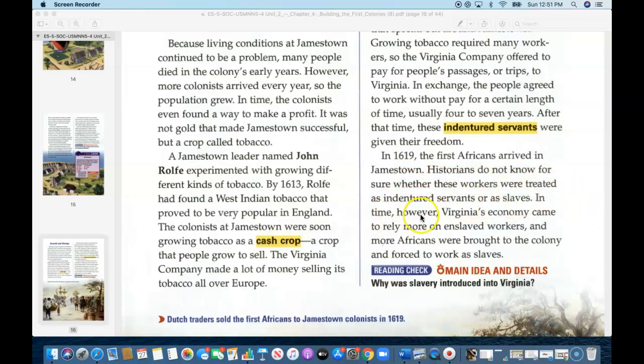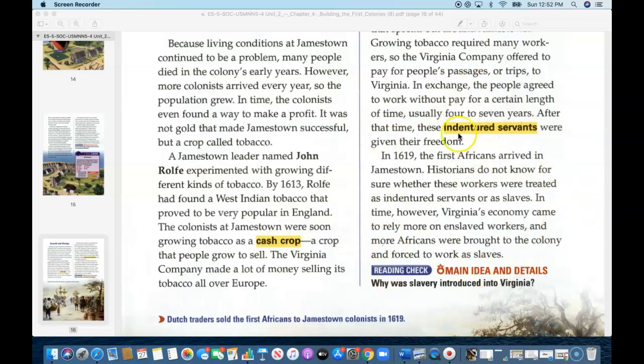In time, however, Virginia's economy came to rely more on enslaved workers, and more Africans were brought to the colony and forced to work as slaves. So just like in the Spanish colonies, they first relied on the Native Americans for labor and then started importing Africans as slaves.